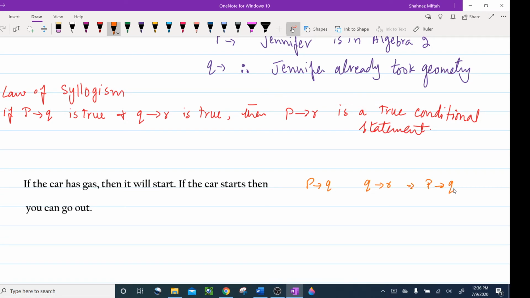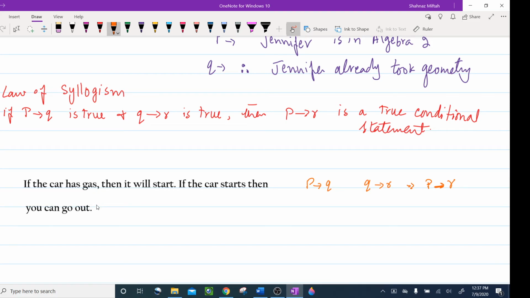Oh, not Q, it's R. If P then Q, if hypothesis then conclusion, right? Then if conclusion then another conclusion, then I have if hypothesis then the second conclusion. They are true.